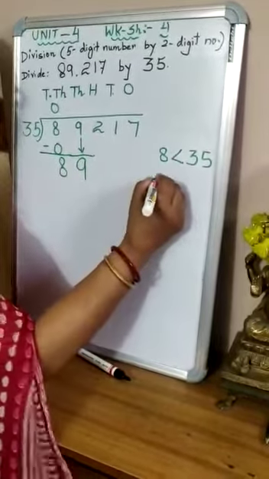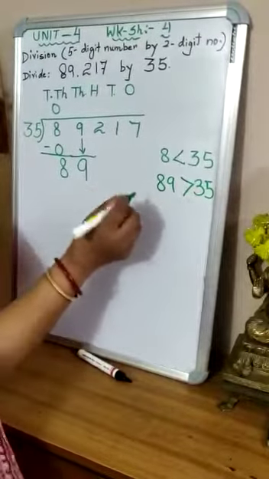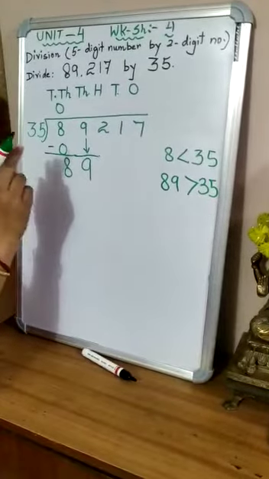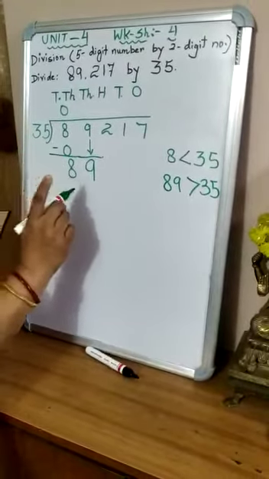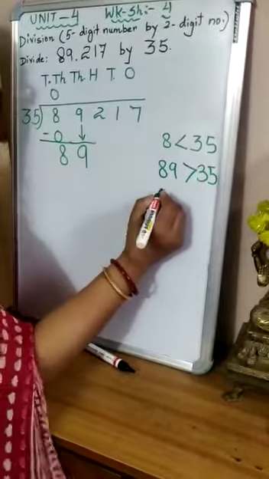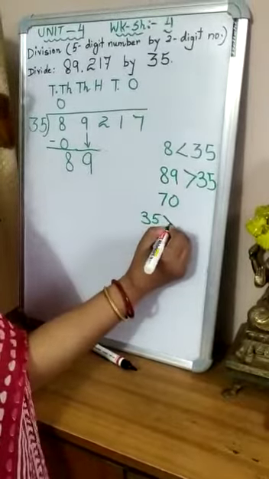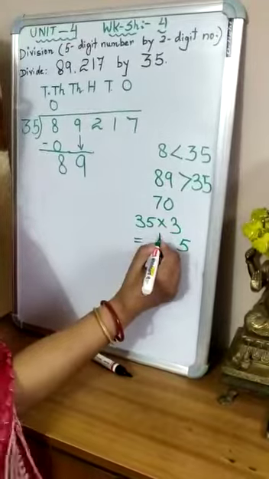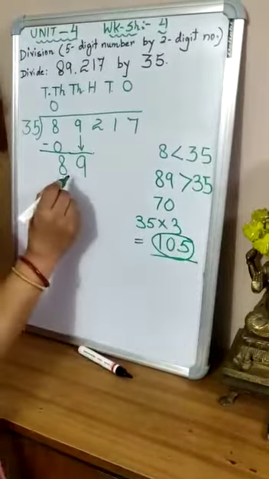Here 89 is more than 35, so I will use the multiplication table of 35. 35 twos are 70. 35 threes are 105: 3 fives are 15, 1 carry over, 3 threes are 9, plus 1 is 10. This 105 is more than 89.